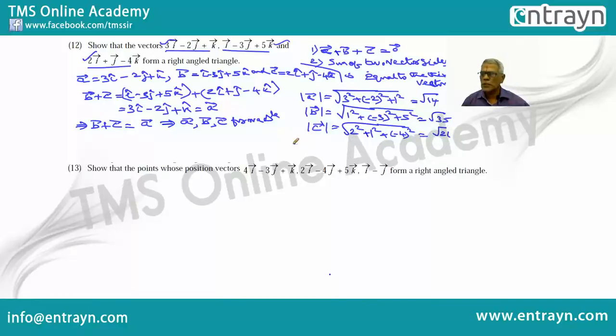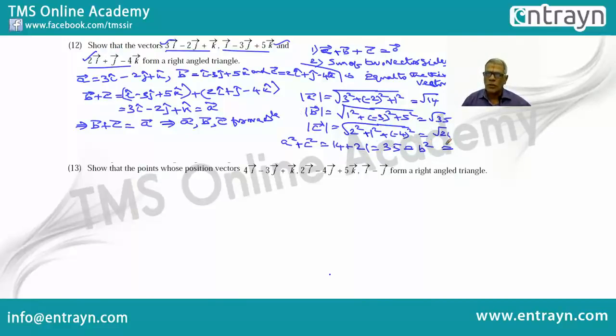You see that a square plus c square. a square is what, sir? Root 14 the whole square, 14. c square is root 21 the whole square, 21. 14 plus 21 is 35, which is nothing but b square. b is root 35, so b square is 35.